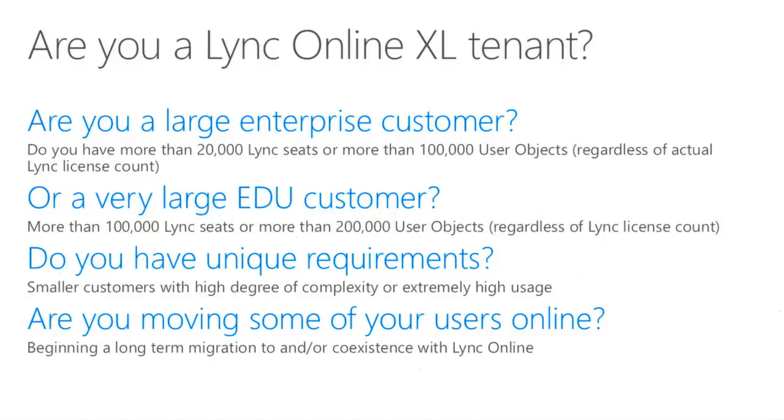We still would want to start that relationship and have you in the online Excel tenant program, because we prepare with you the time at which you're going to start migrating more than those 5 users, and hopefully at some point have 50,000 or 100,000 users migrated. And we'd like to know that as early as possible. So it's not necessarily that you have 20,000 users on Lync Online. It's 20,000 users preparing or with the concept of going to Lync Online.